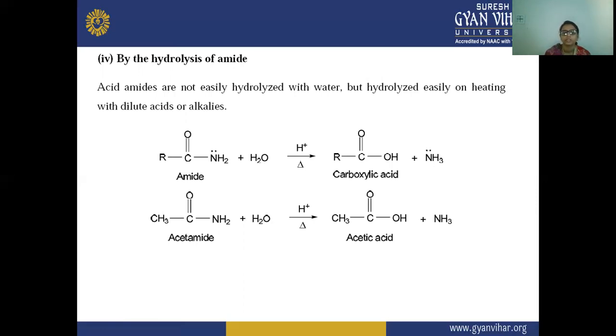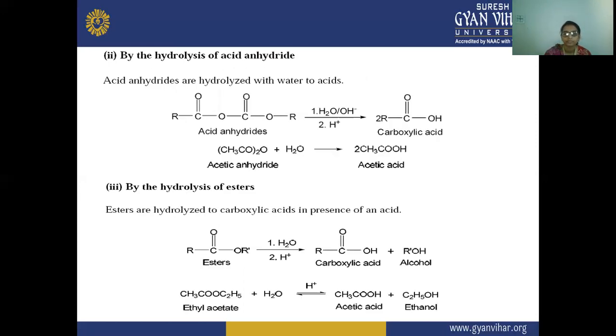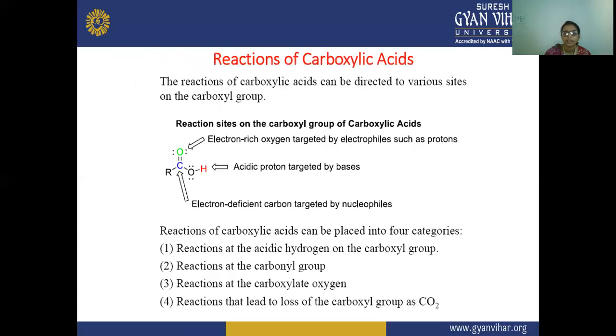Here we used acetamide, and when acetamide is hydrolyzed on heating with dilute acid or alkali, acetic acid is formed plus an ammonia molecule. So these are the four reactions that occur in the hydrolysis of acid chloride, ester, amides, and acetic anhydride.